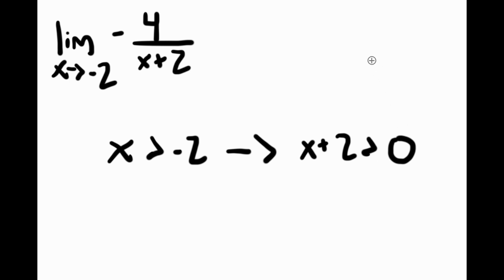And basically, as x gets closer to -2, then x plus 2 will be getting closer to 0 while staying positive as noted before. It will then result in negative infinity. So it could just be equal to negative infinity right here.